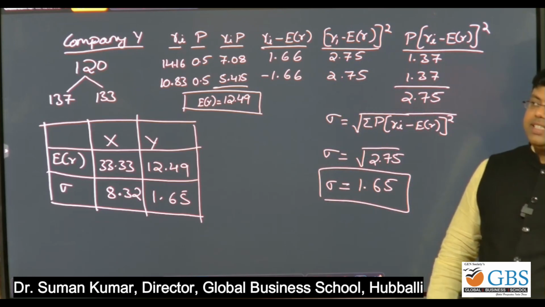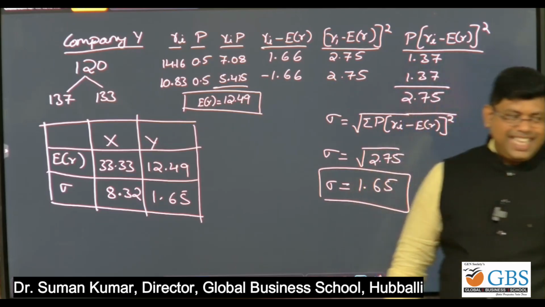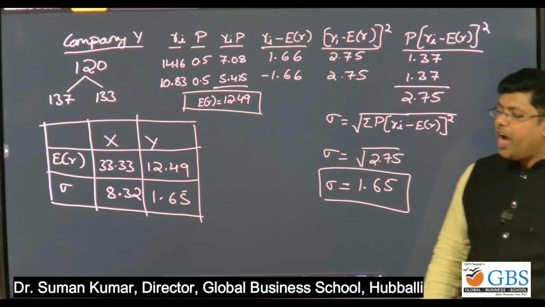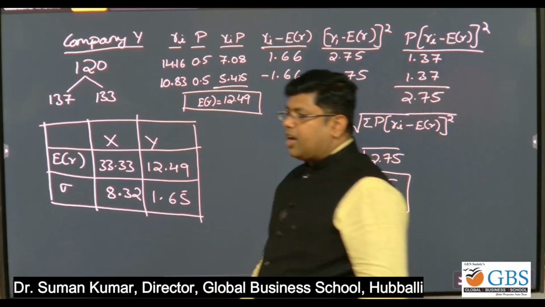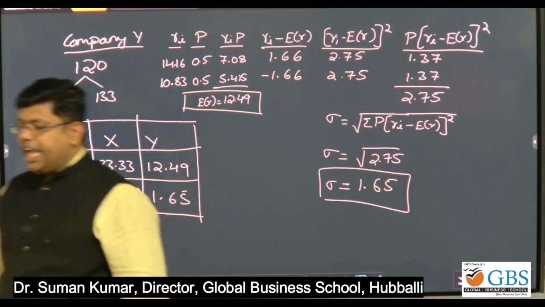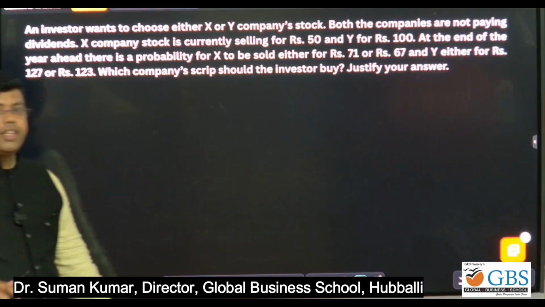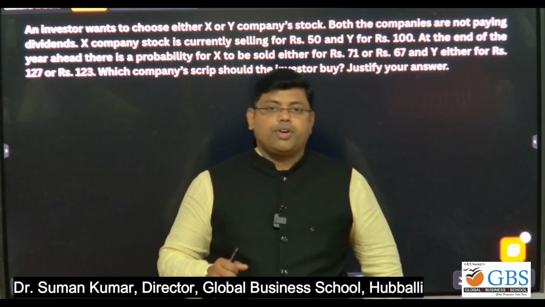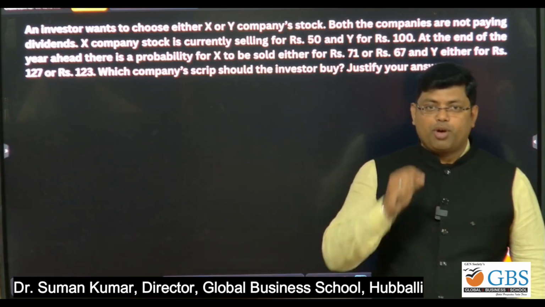If the investor is a moderate risk seeker, then choosing Y is the right choice. Less risk and also less return. In your own words, you can write it down. Viewers, for you, it is homework. You can solve on your own by pausing the video.